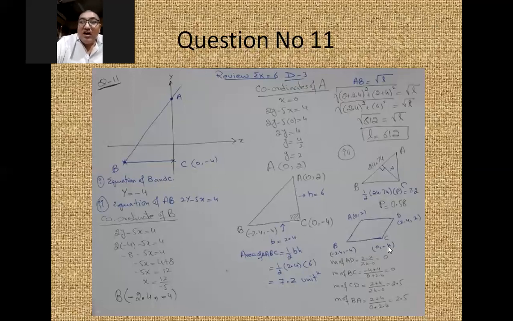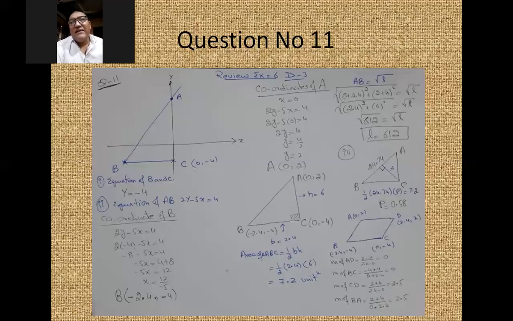Okay. Now find the gradient of CD, and that will be (2 minus -4), that makes 2 plus 4, divided by (2.4 minus 0), and it will give you 6 divided by 2.4, and that will be 2.5. So the gradient of the CD line is 2.5.